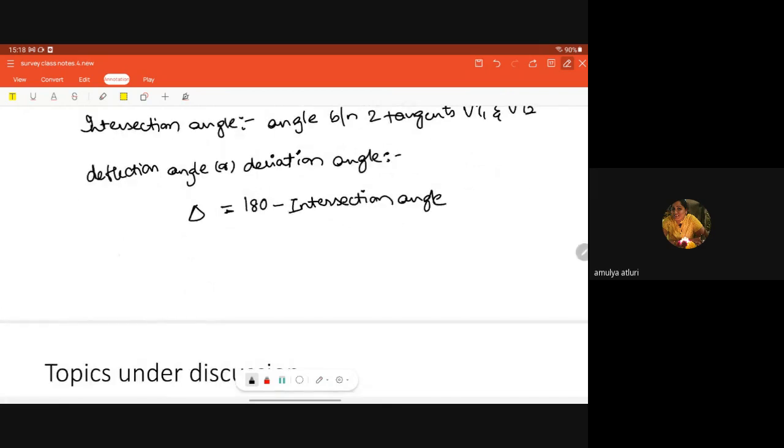Next, normal chord. What is normal chord? The chord between two successive regular stations on a curve is called the normal chord. It is equal to the peg interval.